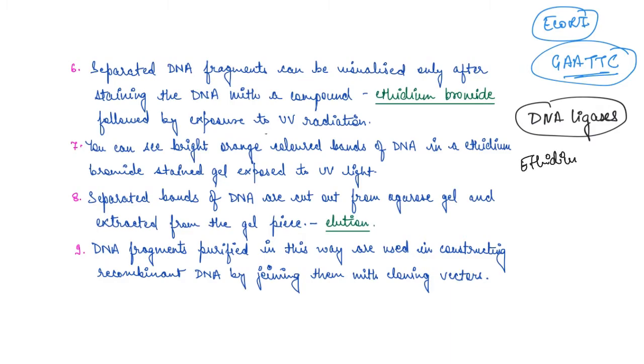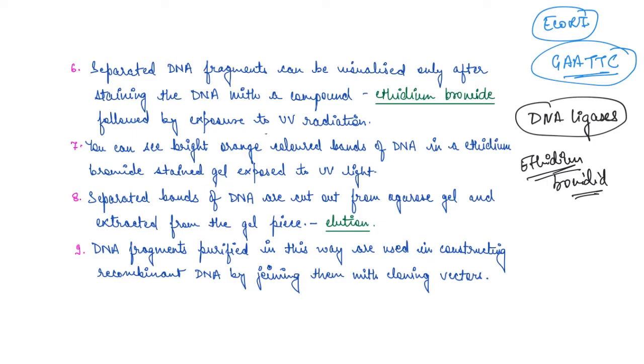After staining it with ethidium bromide, we expose them to UV radiation. Because of this exposure to UV light, you will see bright orange colored bands of DNA. These separated bands of DNA are then cut out from the agarose gel and extracted from the gel piece, and this step is known as elution.